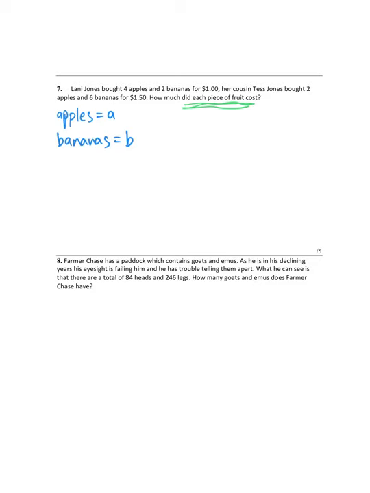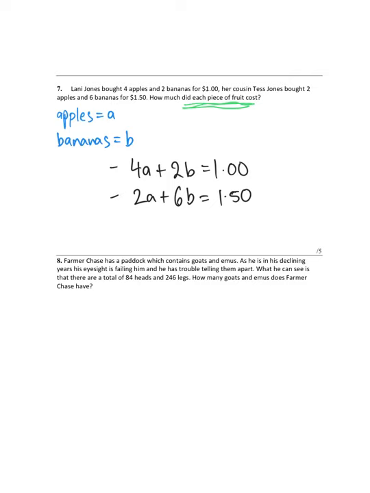Lani bought 4 apples, so 4A, and 2 bananas, and that cost her $1. That's our first equation. Then Tess, when she went to the market, bought 2 apples and 6 bananas for $1.50.